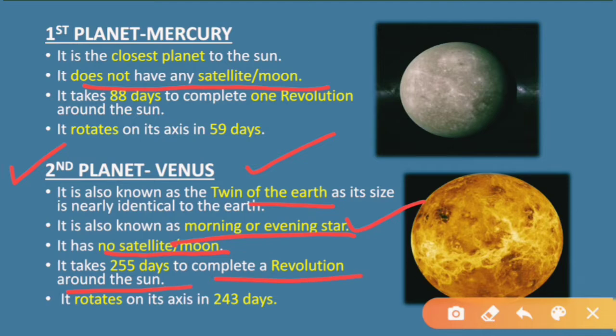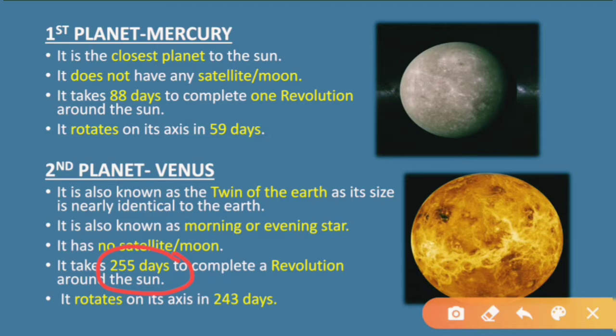How many days does the planet Venus take to complete one revolution around the sun? It takes around 255 days to complete one circle, or one round around the sun.